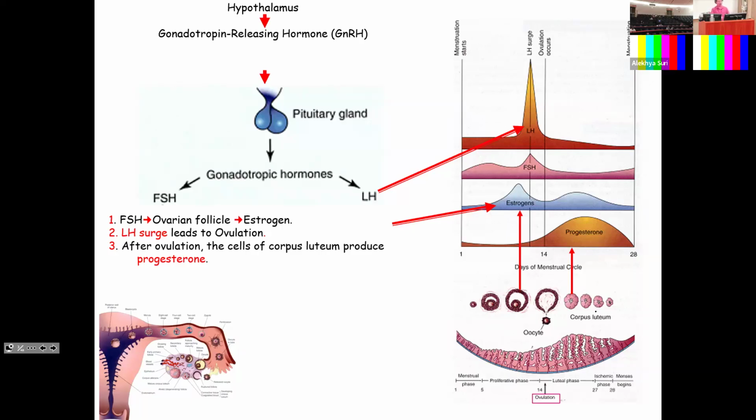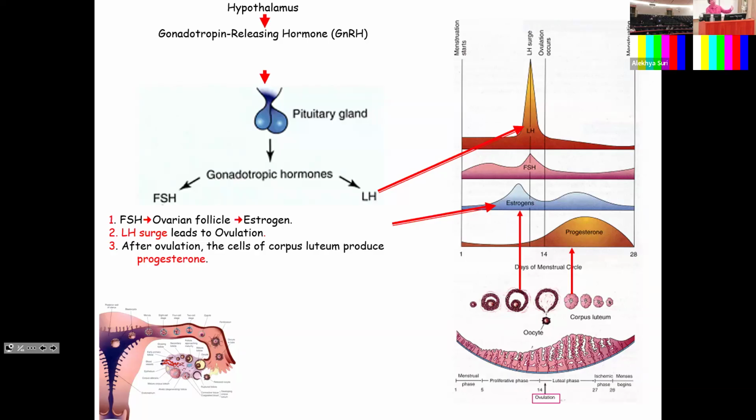What happens if the oocyte is not fertilized? The level of progesterone declines here, and with that, the endometrium regresses, and finally, all this tissue becomes necrotic and is eliminated.